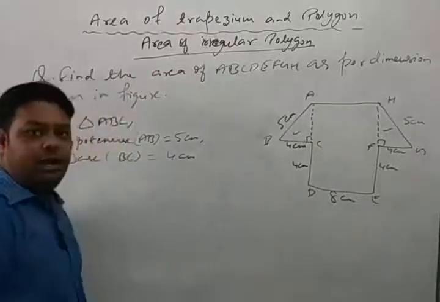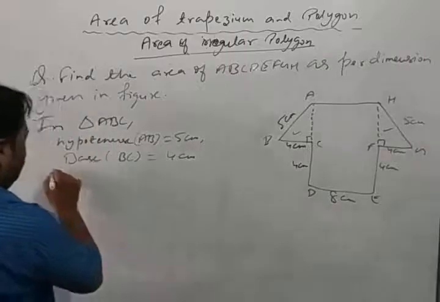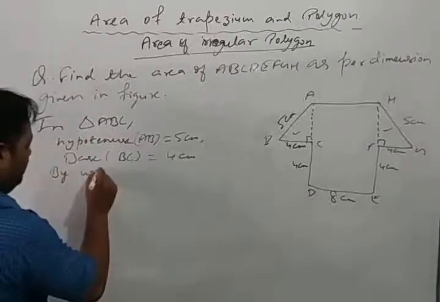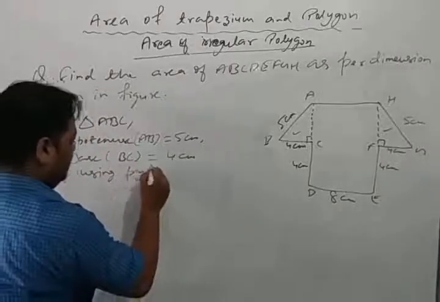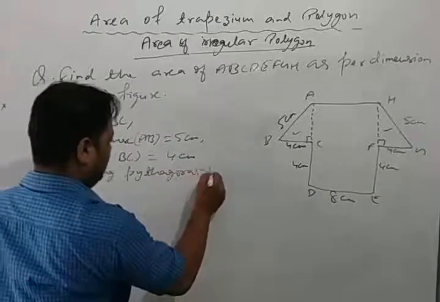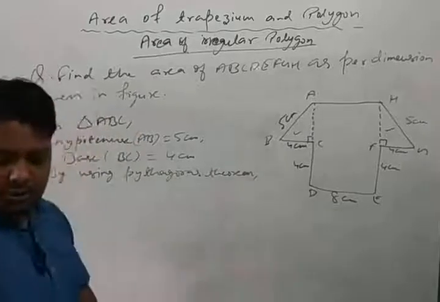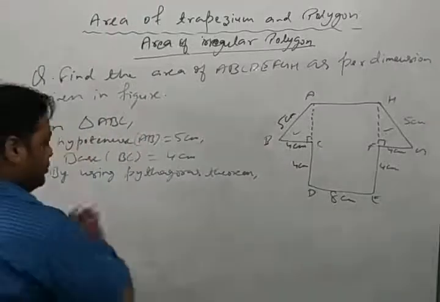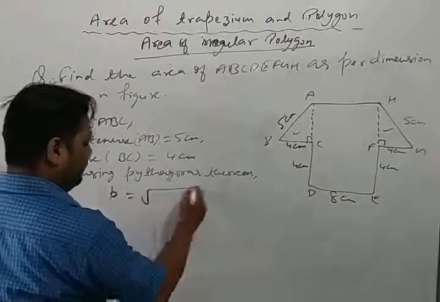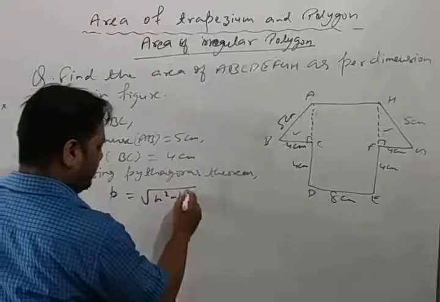We need the perpendicular AC. So, as we know, using the Pythagoras theorem, we have to find P, and the value of P will be the square root of H square minus B square.